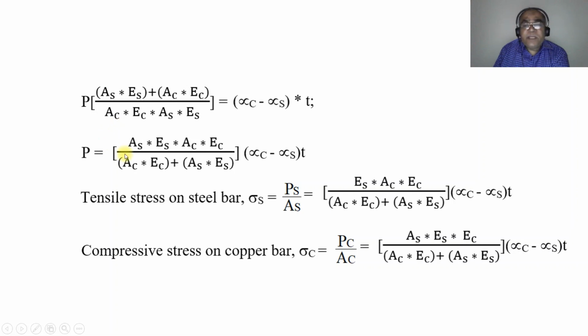So it is AS into ES into EC, then AC gets cancelled, divided by AC into EC plus AS into ES, the whole thing multiplied by alpha C minus alpha S into T.